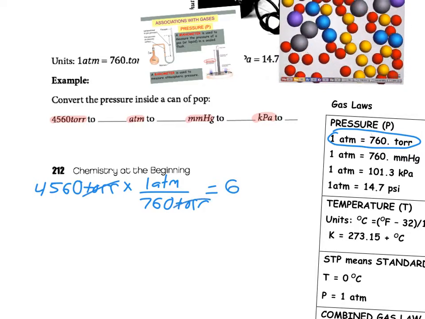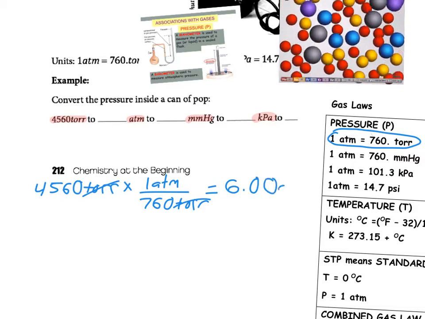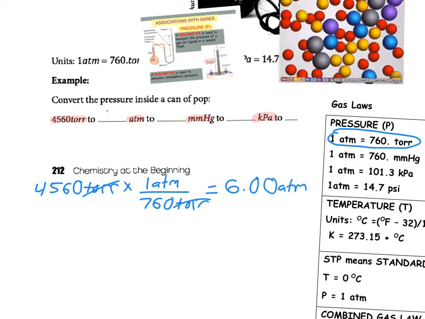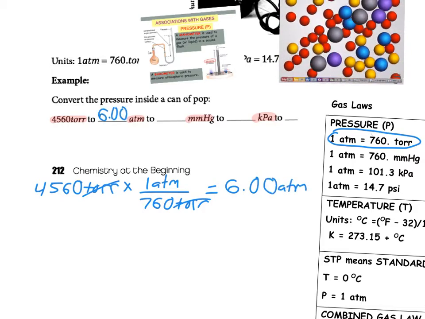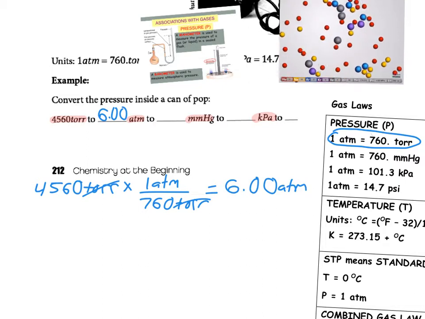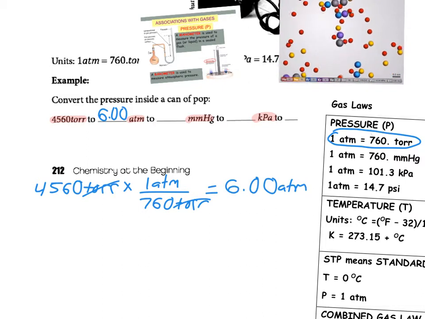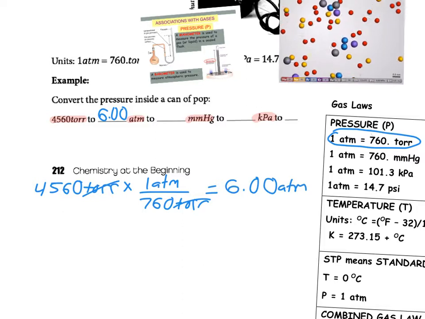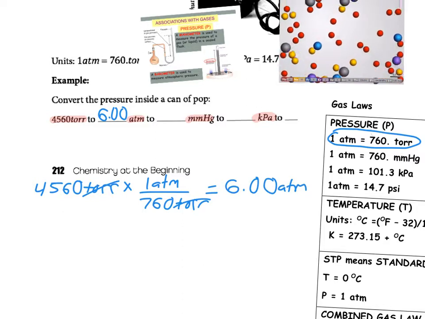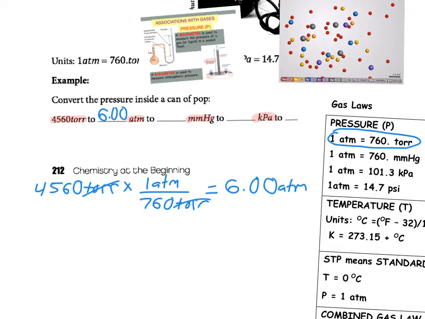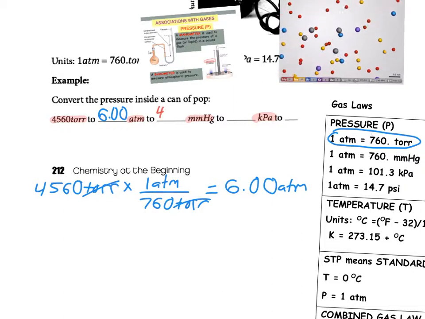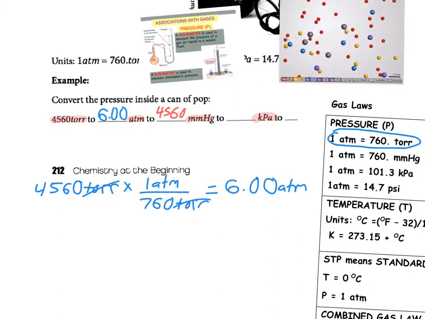Okay, the next conversion, torr to millimeters of mercury. If you see, the torr and millimeter of mercury are the same unit, so we can simply say that's 4,560 millimeters of mercury.